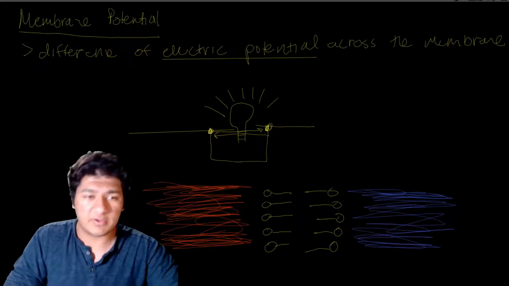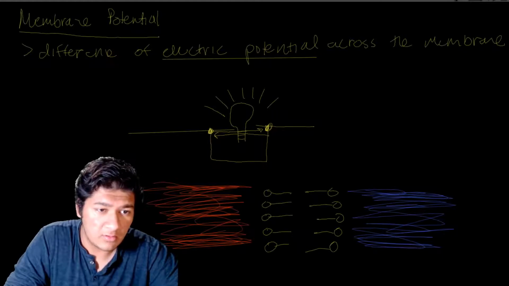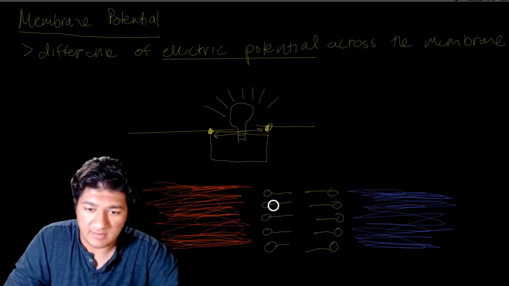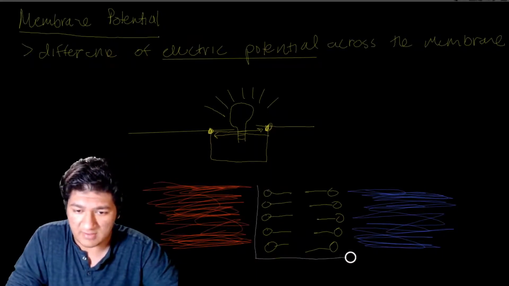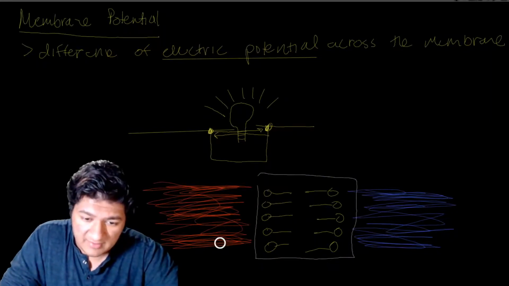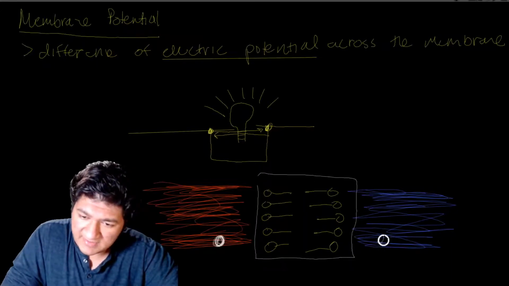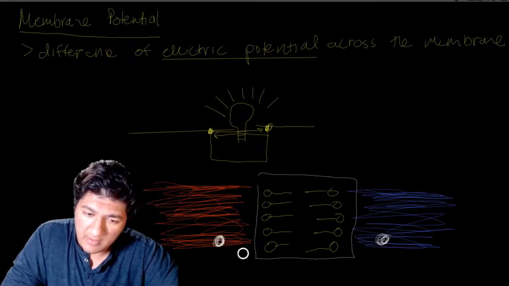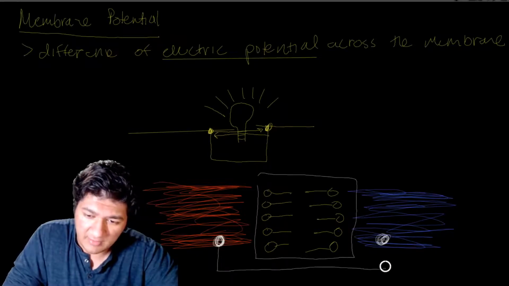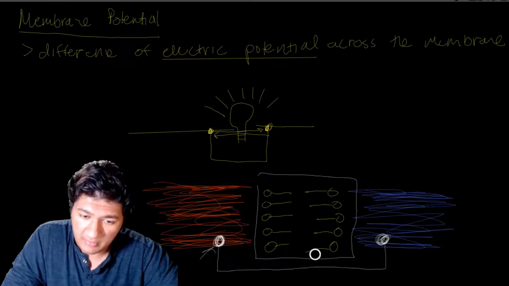So membrane potential is the potential across this thing. We would put something on this side of the cell and this side of the cell, and then connect them together, and using this we can find out what's the potential here and what's the potential here.